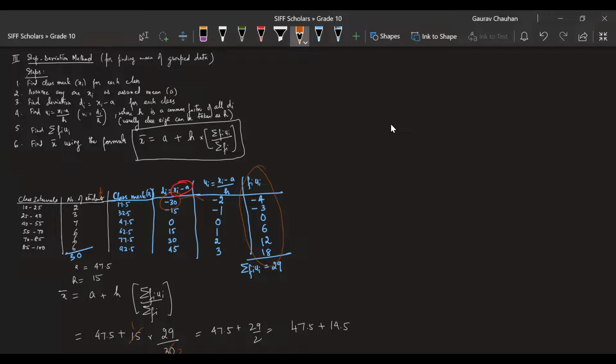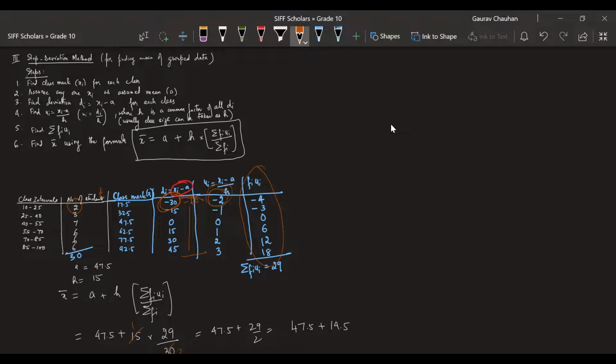In the previous question, I was multiplying minus 30 into 2, giving me minus 60. It was a little bigger number, and then I had to add a little bigger number, so my calculation was a little tougher. You are not feeling it in this question because the numbers are small. If I give you big numbers, you'll feel that. So I'm dividing and making it minus 2 instead.